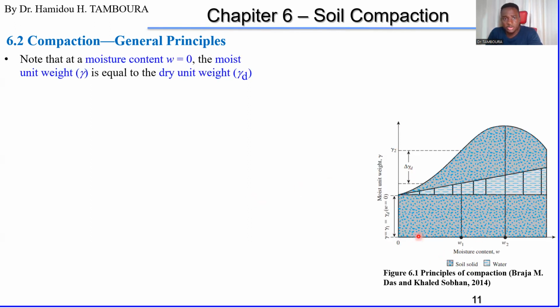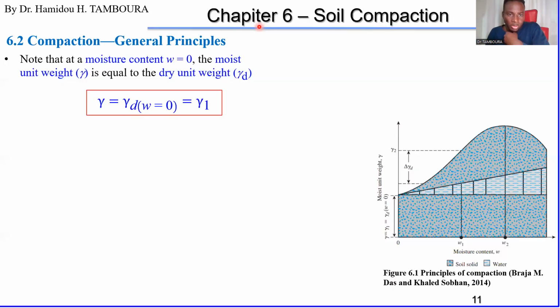Let's keep the same figure here. So when the water content is 0, it means it's dry. Okay, if there is no water, it means the soil is dry. In that case, the unit weight will be the same as the dry unit weight. That is normal. I think there is nothing to explain here. It is very simple. So in that case, we can easily write this relationship.